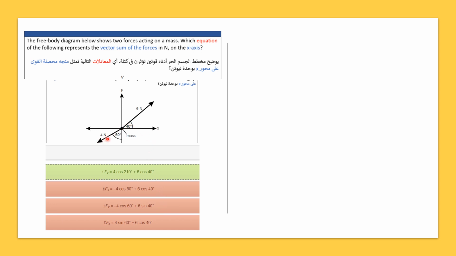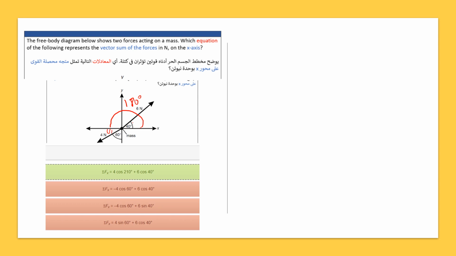So we have another force, but we need to define the angle. You can say here we have, I will draw, here there is a plane. There is a straight line, so it's 180 degrees plus this angle.